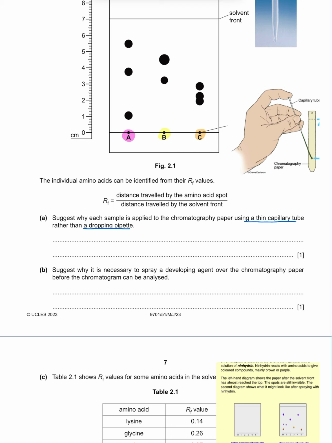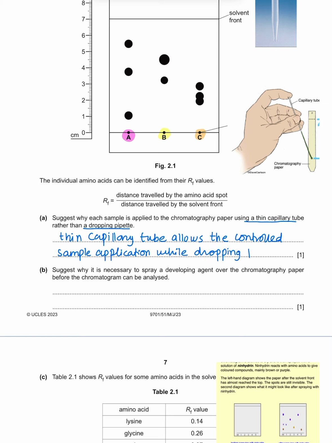So we can write that a thin capillary tube allows the controlled sample application, while a dropping pipette produces a giant or huge spot of sample on the chromatogram.